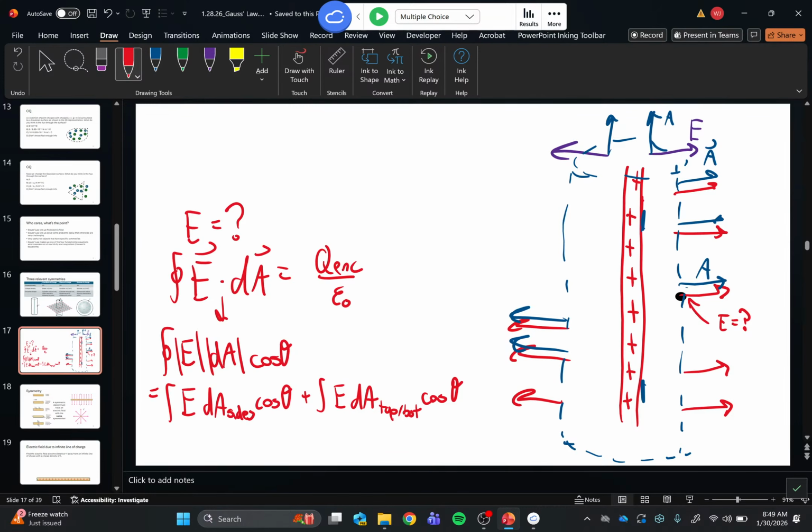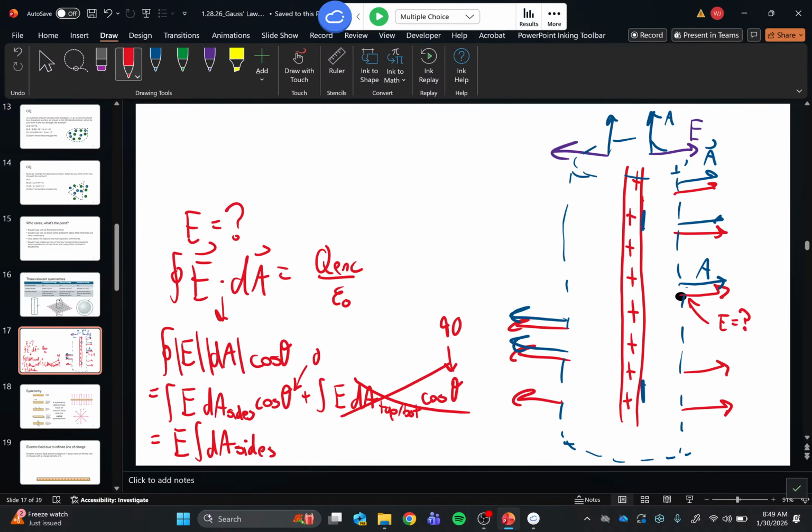So I break this into sides, and the top and bottom. This angle is 90. So this term, gone. 0. Doesn't matter. On this other side, theta is 0. E is a constant. So we can pull E out. And we just get the integral of dA on the sides.